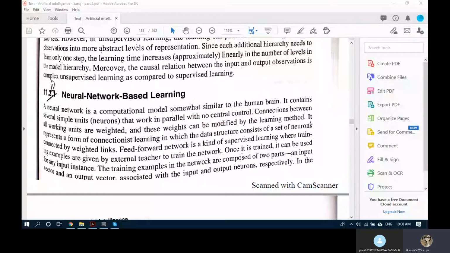Yesterday we covered machine learning introduction, different basic methods to simulate a kind of intelligence in machine, and also started with supervised and unsupervised learnings.